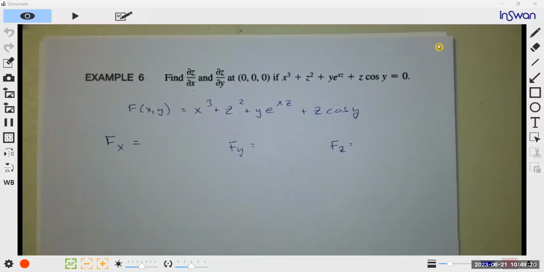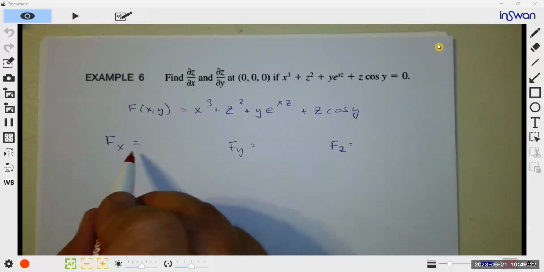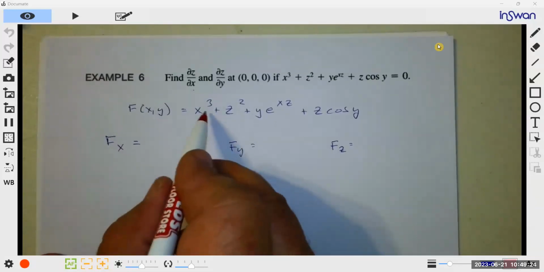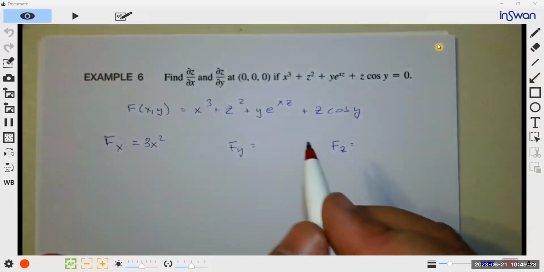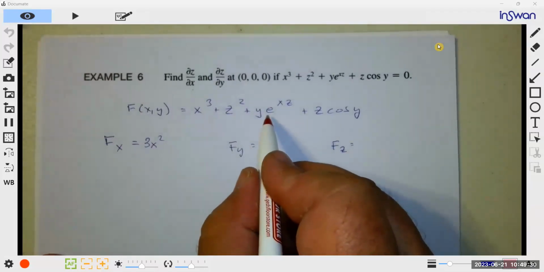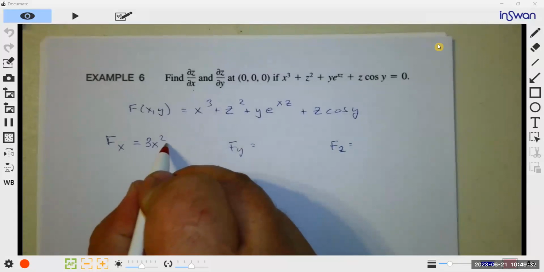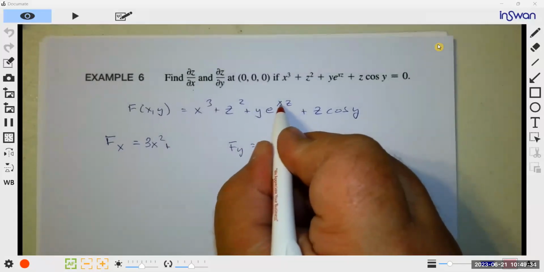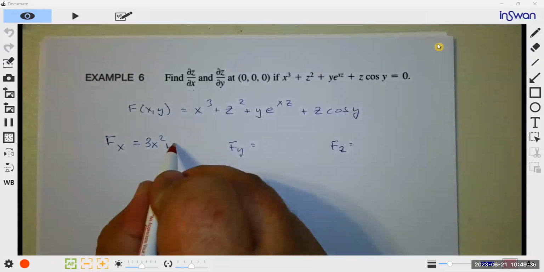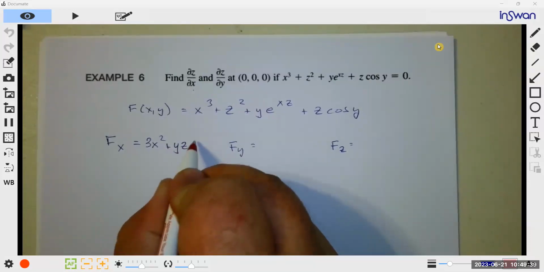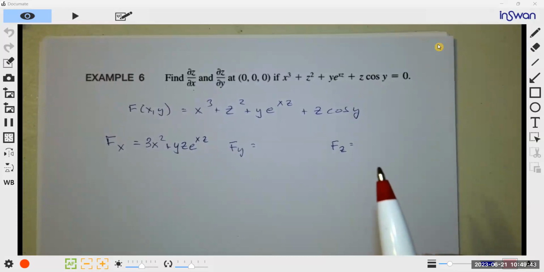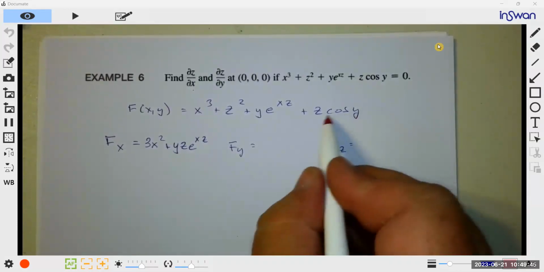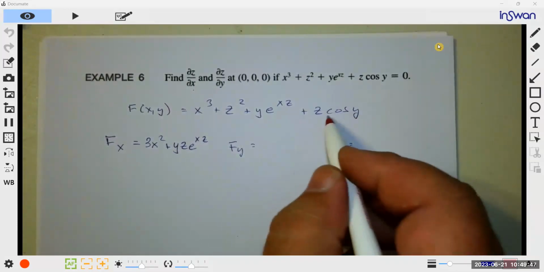So with respect to x, we got 3x squared. That goes to 0. So the derivative of the exponent is z. So we have yz e to the power xz. There's no x there, so it disappears. It's a constant.